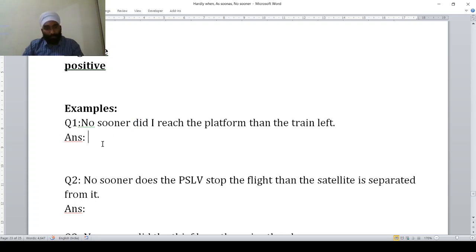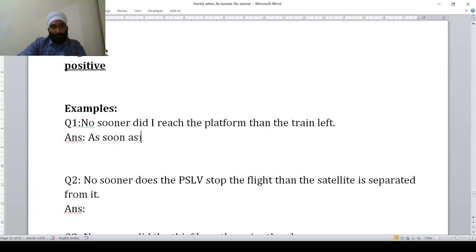After tracing the first action, use as soon as in that clause, as soon as instead of no sooner. Remove no sooner and now locate the helping verb. This helping verb is showing the simple past tense. Did we use for simple past tense.